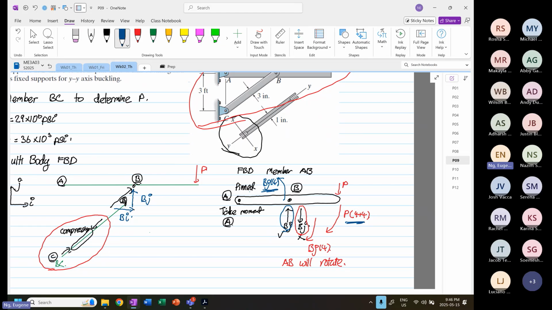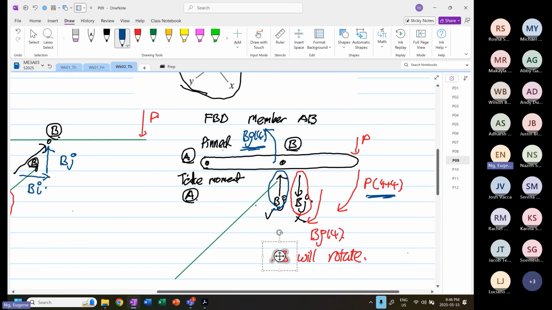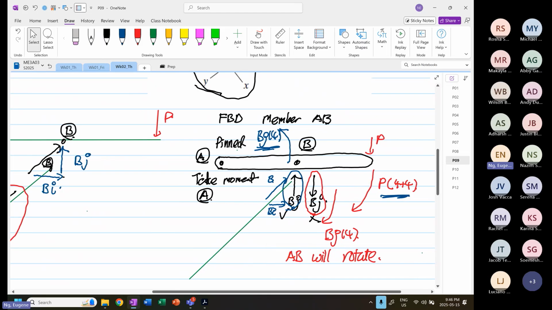So once you know this, then you start drawing a line. You start drawing your green line again, and you have the vector form. If this is Vj, then we know that this direction is your Bi, and pointing towards here, this is your B. Then action equal to reaction.